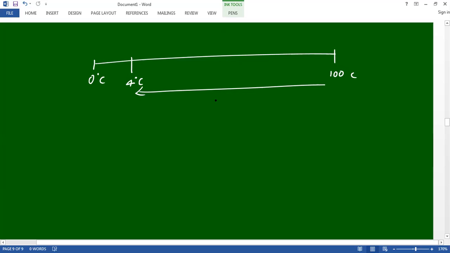the volume decreases, and density increases, since the density of water at 4 degrees Celsius is heaviest.